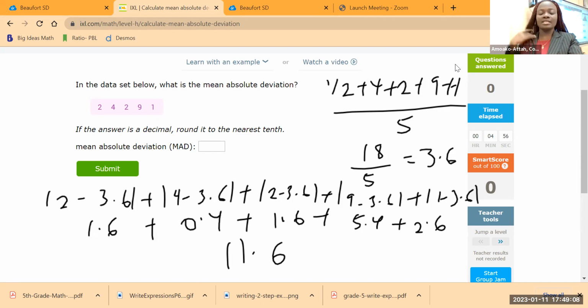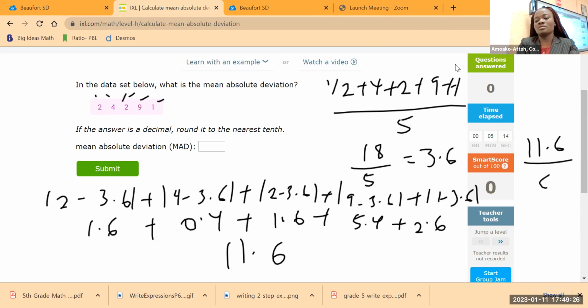Then the last step: when you get the answer, you now divide it by the number of values you summed up. So we had 11.6 divided by the number of values. We have 6 values, so 11.6 divided by 6.